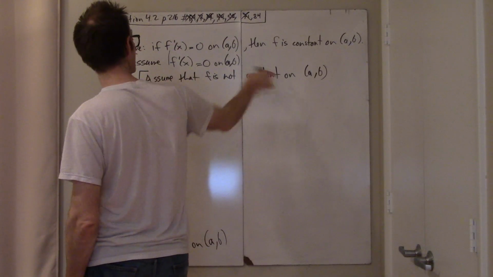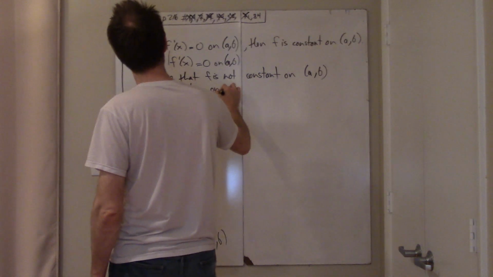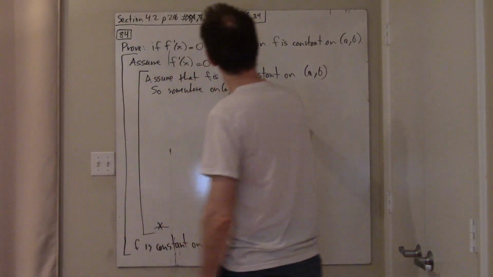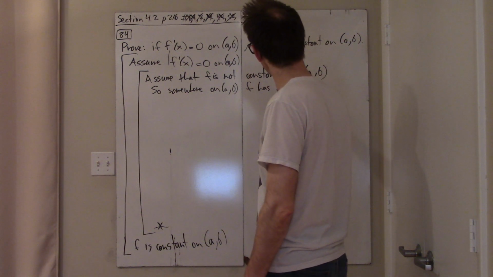So what we can say if this function is not constant is that somewhere on the interval a, b, f has different values.